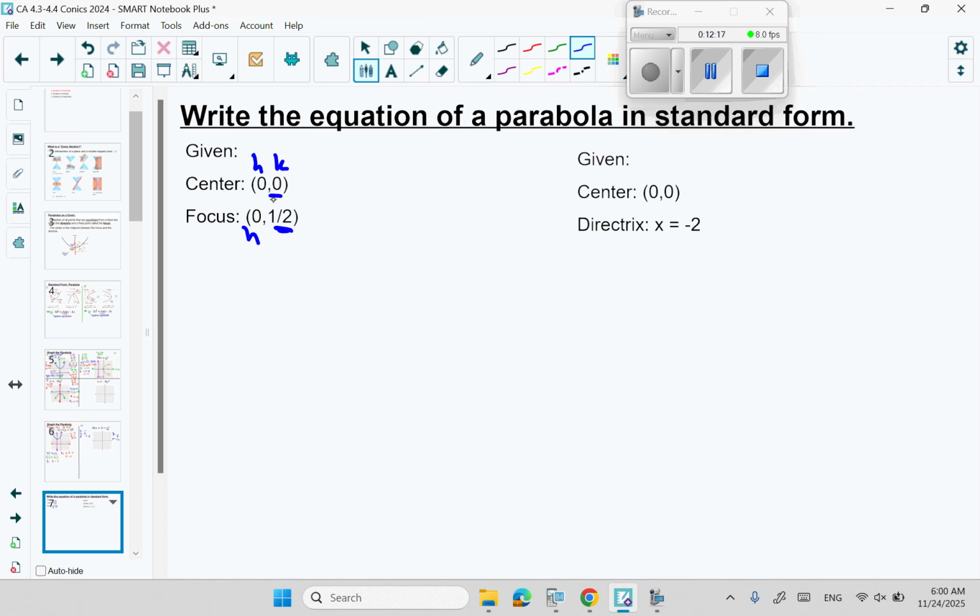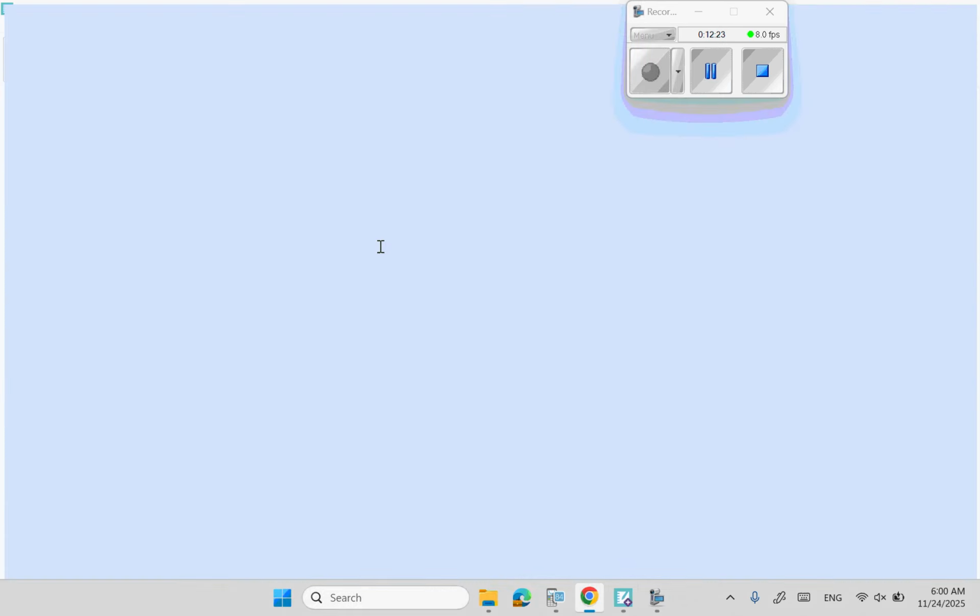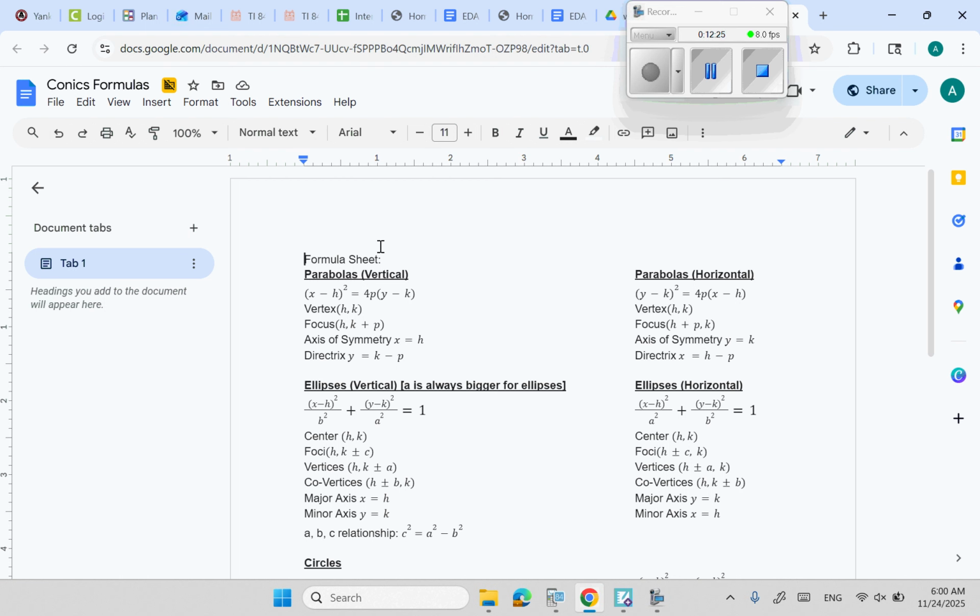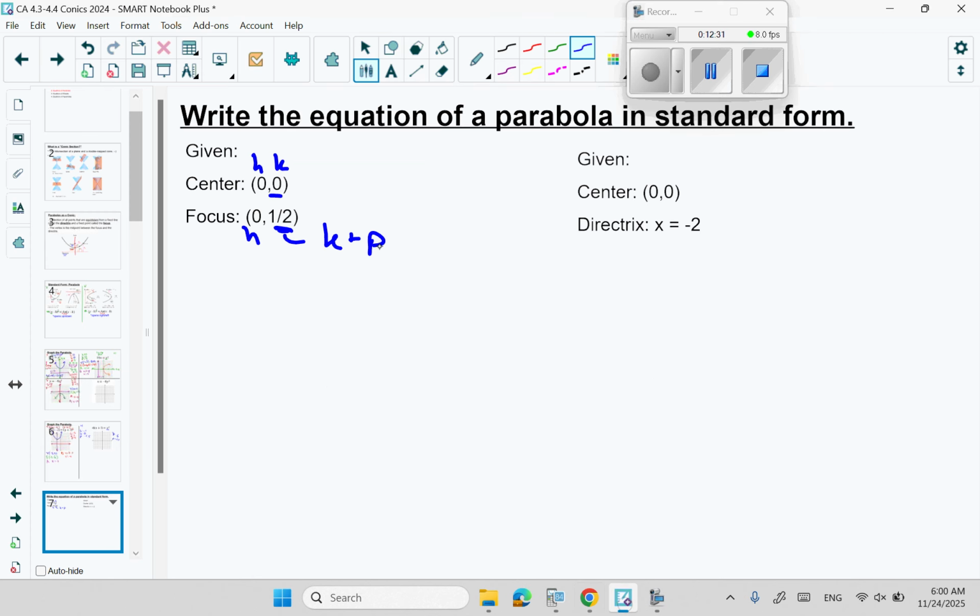This is no longer k, so this has to be k plus p. So I'm going to consult my formula sheet. Which one of these has k plus p as the focus? That would be vertical. So I know that this, because this is k plus p, has to be a vertical equation. So I've identified it's vertical.